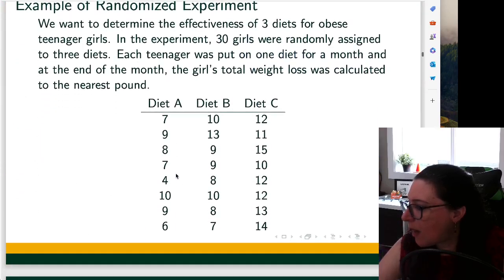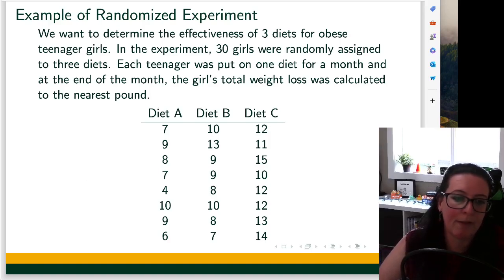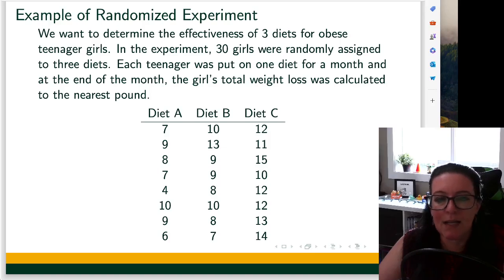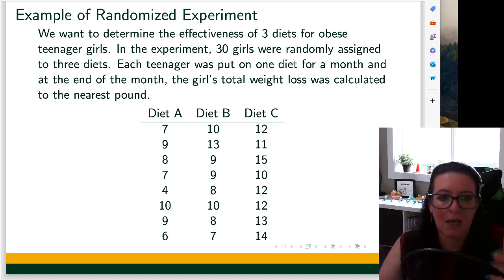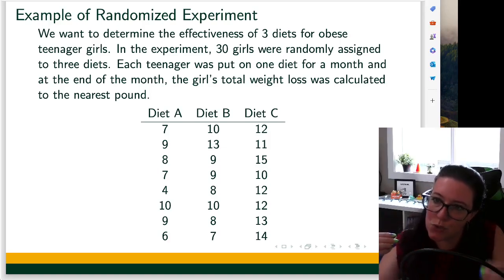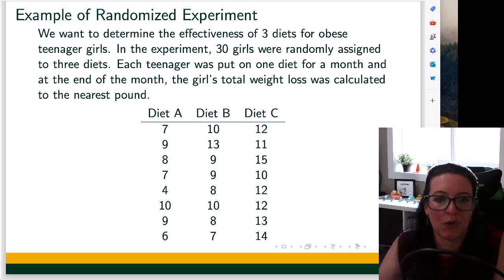So an example of a randomized experiment, suppose we want to determine the effectiveness of 3 diets for obese teenage girls. In the experiment, 30 girls were randomly assigned to 3 diets. So we take our 30 participants and we put 10 into treatment A and 10 into treatment B and 10 into treatment C. So each teenager was put on one diet for a month, and at the end of the month, the total weight loss was calculated to the nearest pound.